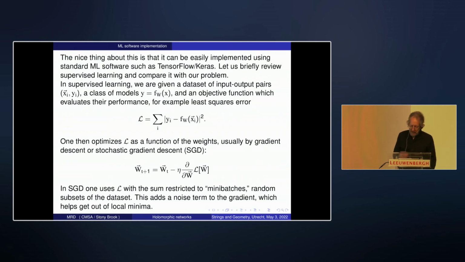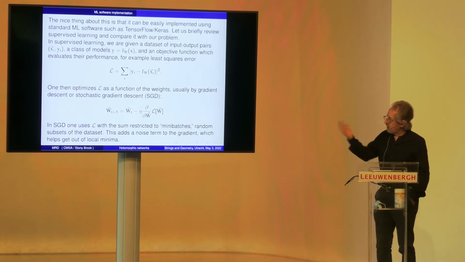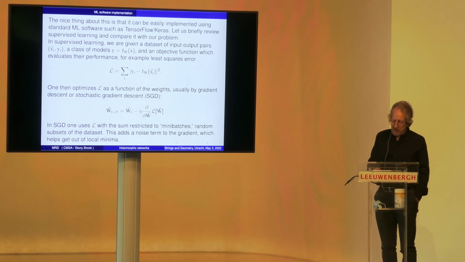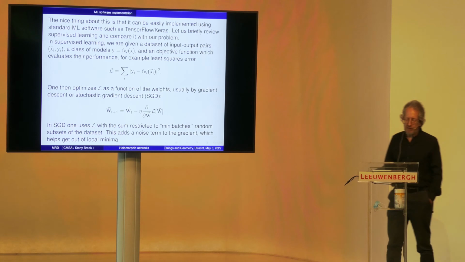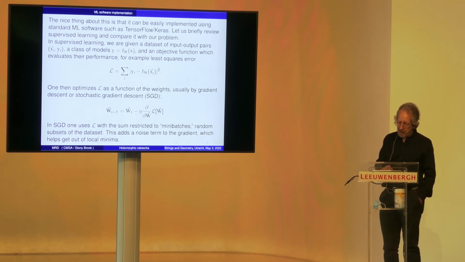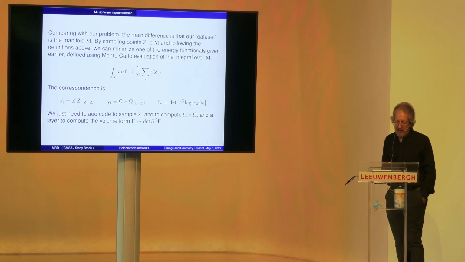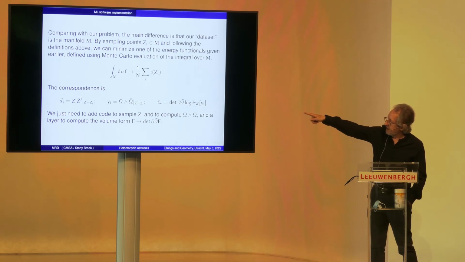Okay, so that's the setup, and then it turns out to be really very straightforward to implement this. I won't go into any details, but the way the problem was set up, it's exactly a supervised machine learning problem. Basically, you look at this problem of setting the two volume forms equal to each other, and that's like fitting a function to a data set.